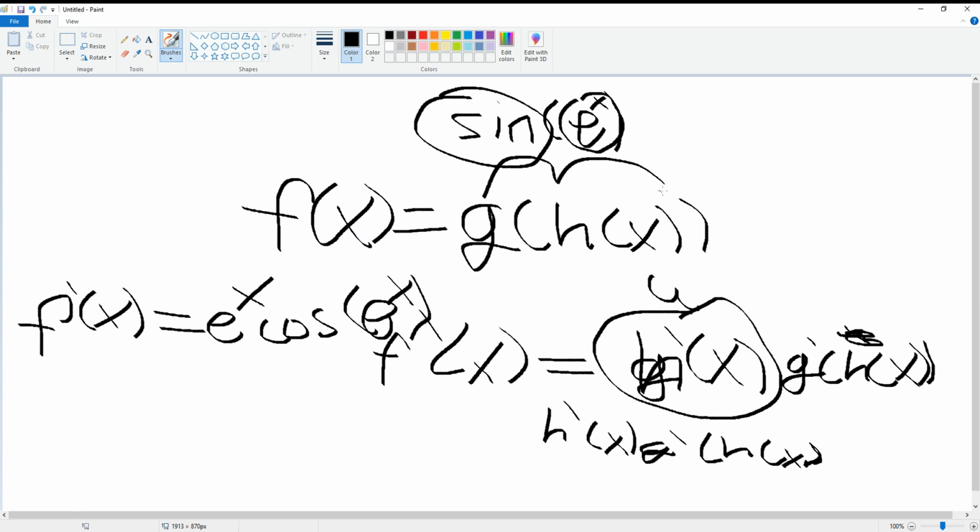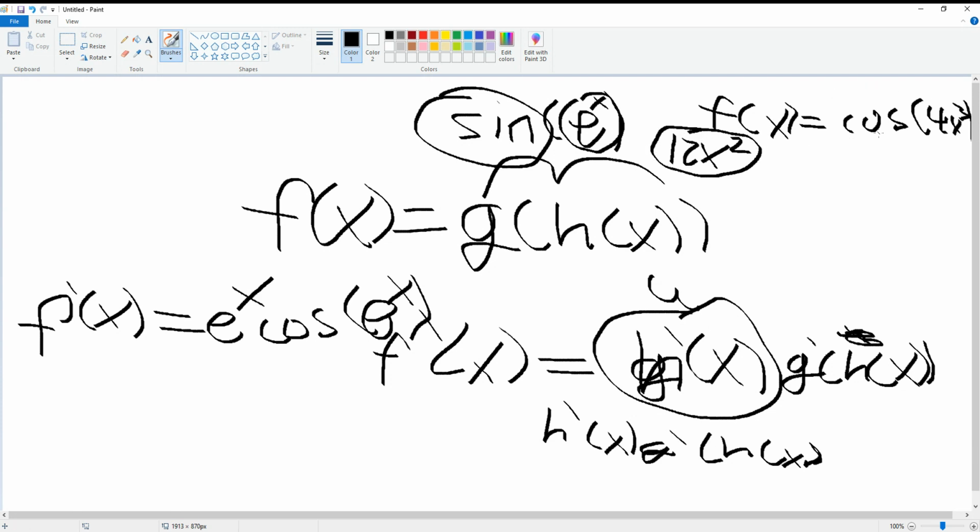To show it better, I'll try to come up with a function right now that's a little better. So maybe something like f of x equals cosine of 4x cubed, okay? Because the derivative of 4x cubed isn't 4x cubed. So how would we do this? We know the derivative of 4x cubed is going to be 12x squared. And so we know we have to multiply. This is going to be our correction factor, okay? And we know that we also have to take the derivative of this.